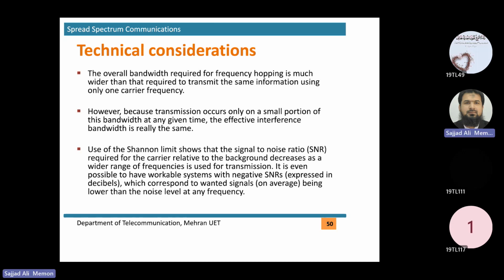The use of the channel limit shows that the signal-to-noise ratio required for the carrier relative to the background decreases as a wide range of frequency is used for transmission. It is even possible to have a workable system with negative SNRs in decibels, which corresponds to wanted signals on average being lower than the noise level at any frequency.